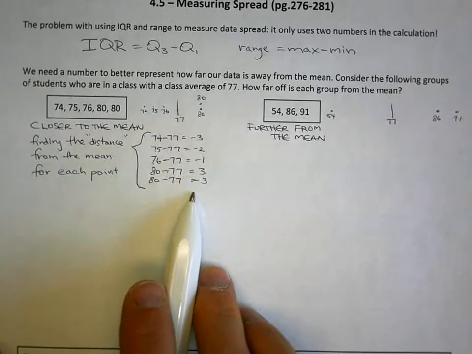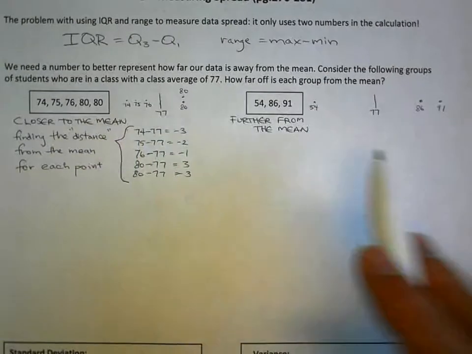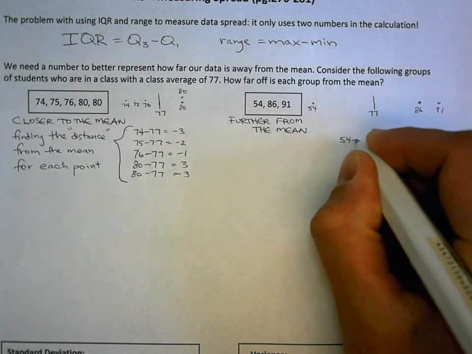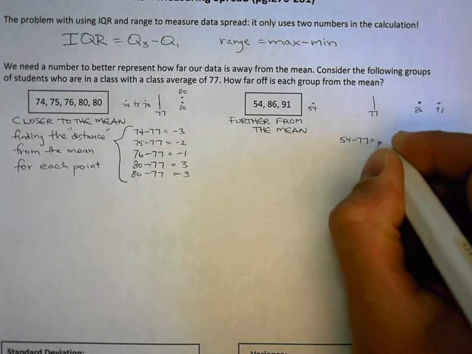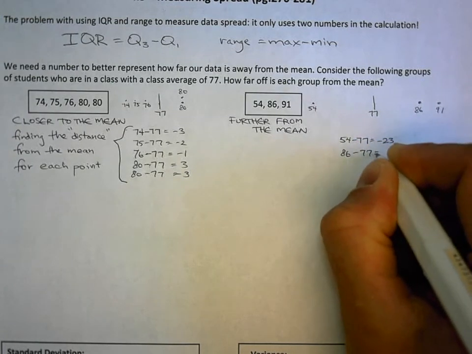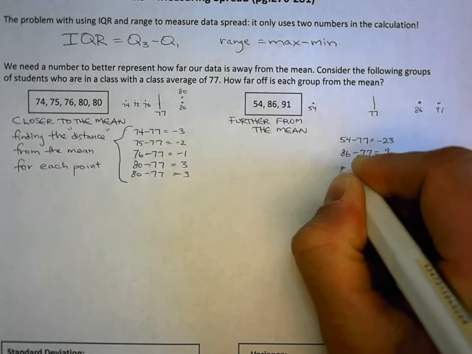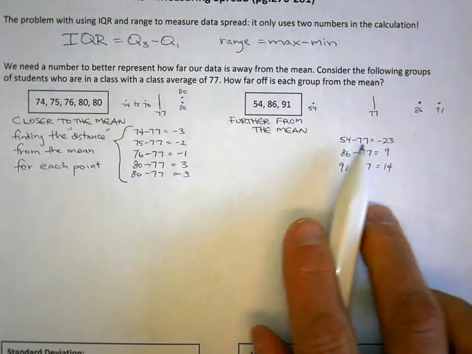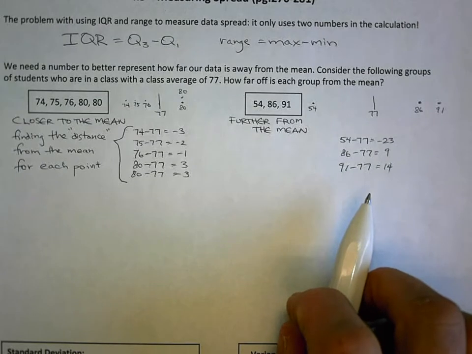And the numbers are really small because they're really close. Now if I go over here, I do the same process. I have 54 minus 77. That is -23. 86 minus 77, that is +9. And 91 minus 77, that is +14. So you can see these numbers are obviously a lot bigger.